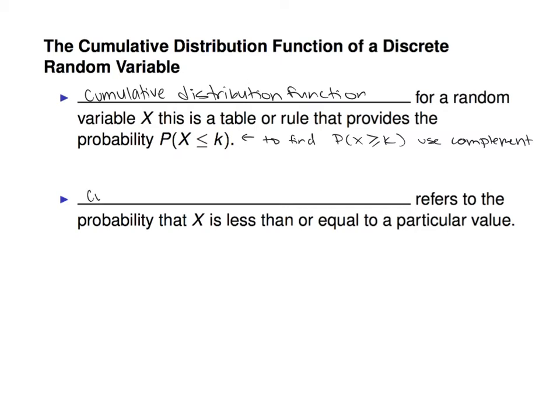The cumulative probability refers to the probability that x is less than or equal to some particular value. An abbreviation for the cumulative distribution function often is CDF, just because writing those words takes a long time.